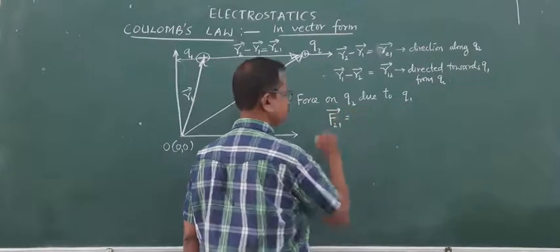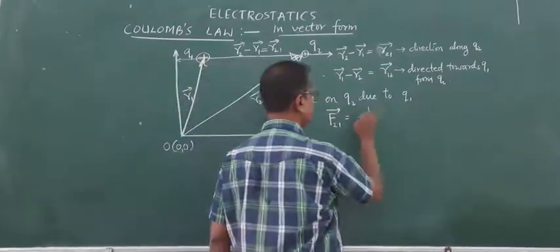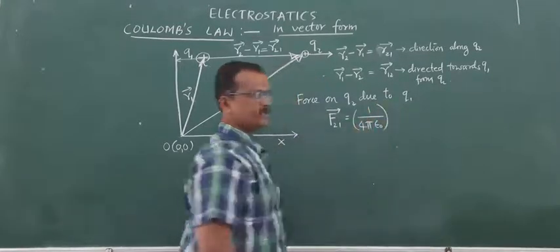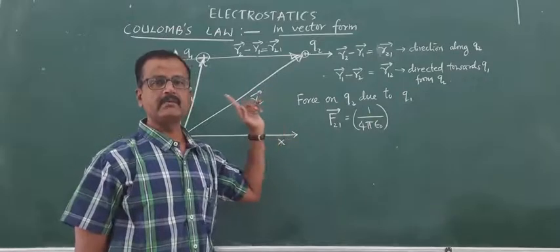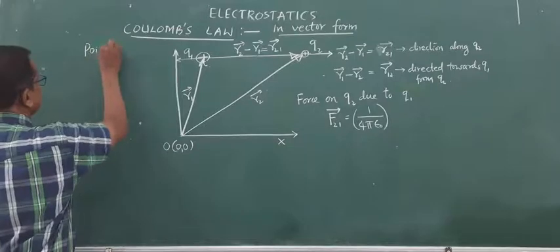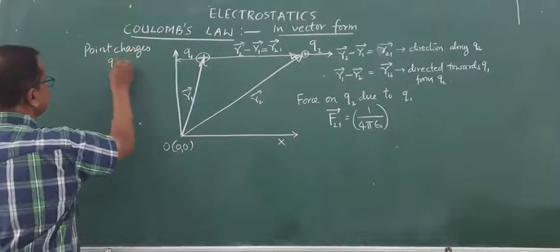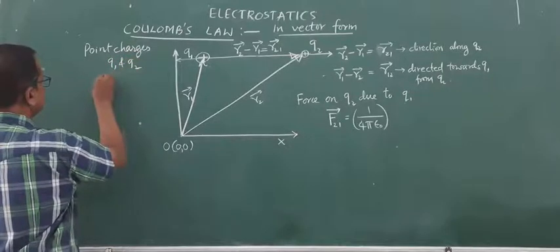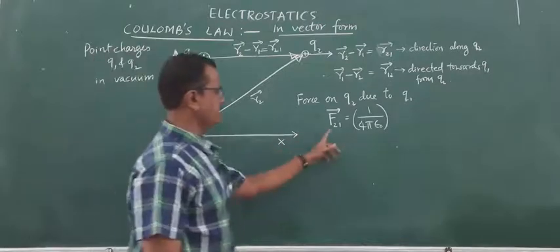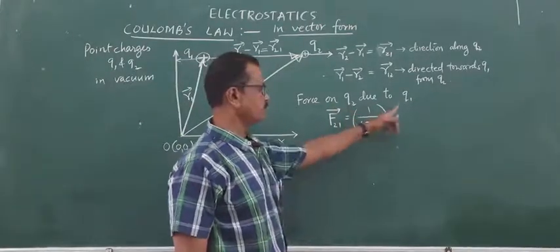F21 is equal to, according to the equation which we have considered, 1 upon 4 pi epsilon naught. Since we are considering the charges to be point charges, Q1 and Q2 in vacuum.